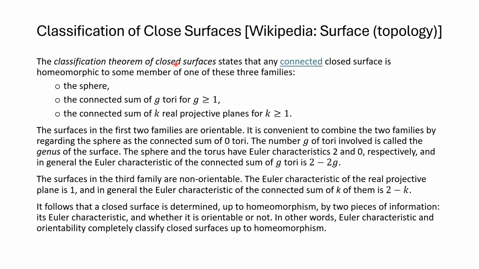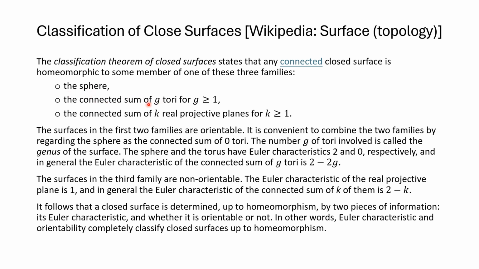So I'm repeating myself a bit here, but I thought it'd be useful just to hammer home the point. The classification theorem of closed surfaces states that any connected closed surface is homeomorphic to some member of one of three families. As we mentioned, the sphere can be seen as a torus where you have the connected sum 0. In other words, there's 0 tori, so you have nothing to connect together, and you can look at the sphere as being that case.